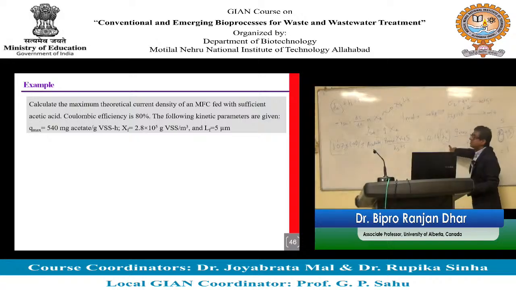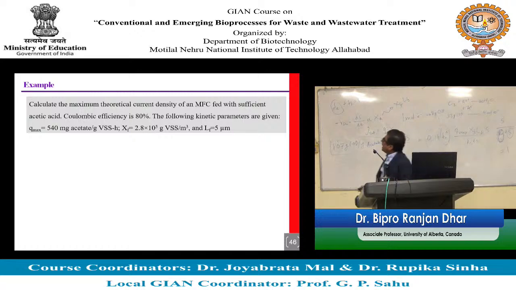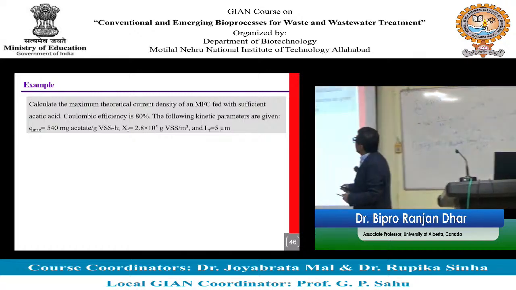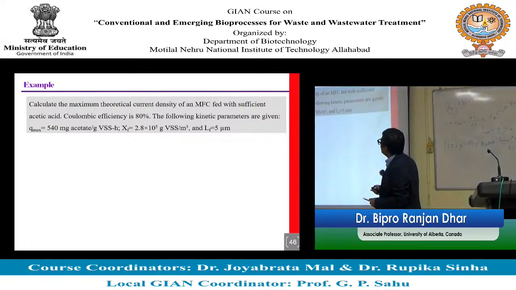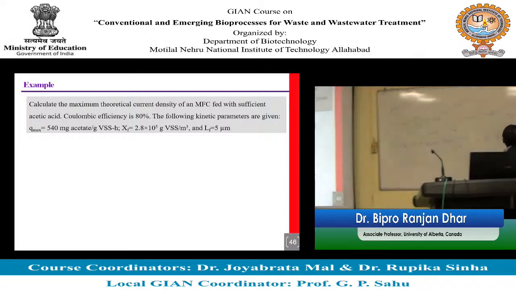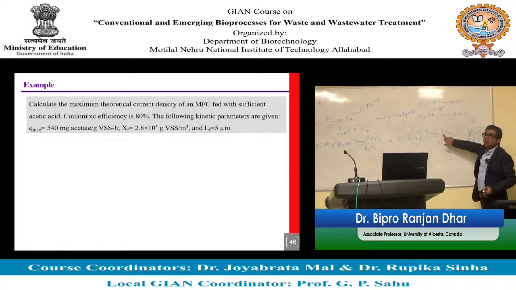And for the other kinetic parameters, I have Qmax 540 milligram acetate per gram VSS per hour, XF which is 2.8 times 10 to the power 5 gram VSS per meter cube, and LF, which is biofilm thickness.